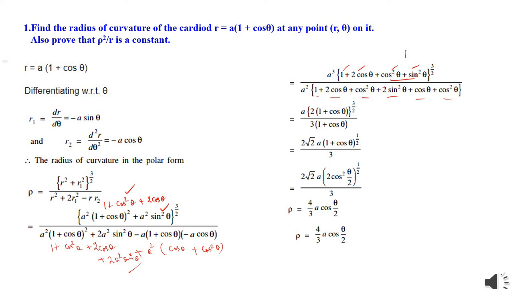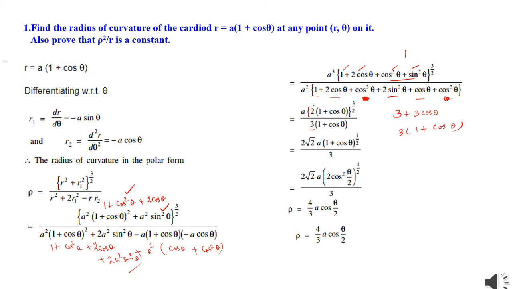When you consider this cos square theta, 2 times cos square theta, you have here 2 times sin square theta. So they together give you 3. And then 2 cos theta, so those two together give you 3 cos theta. So when you take 3 out, you are left with this. So 3 into 1 plus cos theta in the denominator.